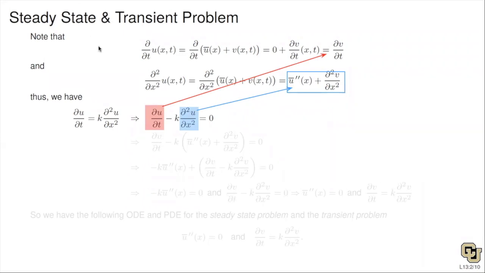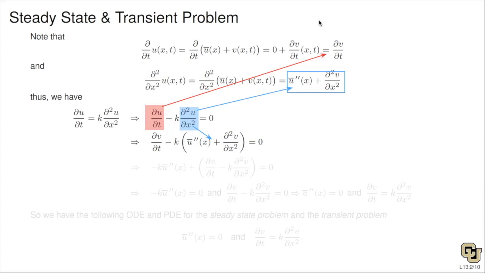Okay, so here I replace partial u, partial t with partial v, partial t, copy down the minus k, and then plug in u bar double prime and the second partial of v for the second partial of u with respect to x. And here, this is pretty straightforward.